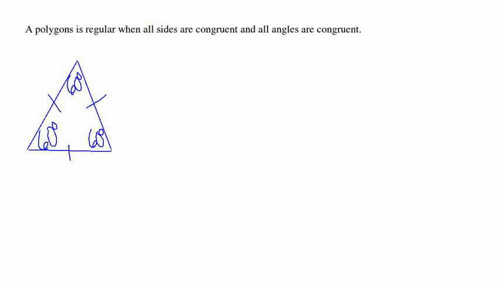Okay? A regular quadrilateral would be a square, because a square has all sides congruent. And you'll notice that all the angle measures of that regular polygon are 90 degrees. Okay?